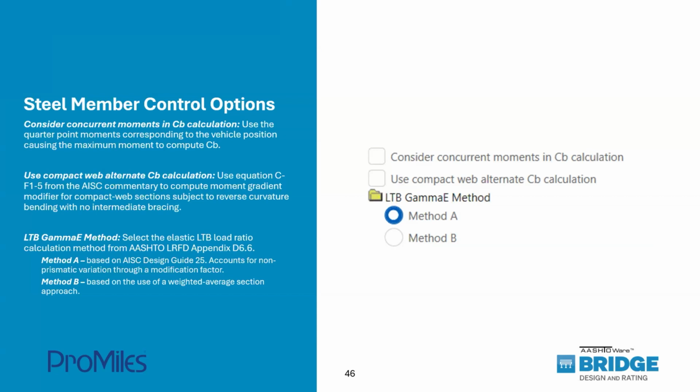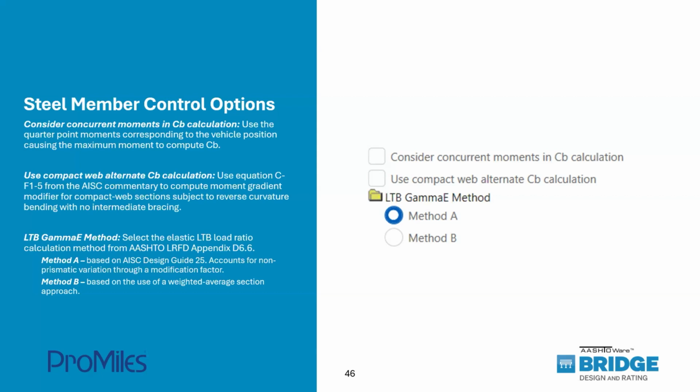And then the new Appendix D6.6 article introduces 3 methods for calculating gamma E: Method A, Method B, and Method C. That's how they call them. Method A is going to be based on the AISC Design Guide 25, uses a modification factor. Method B uses weighted average cross-section. Method C is not implemented in BrDR.